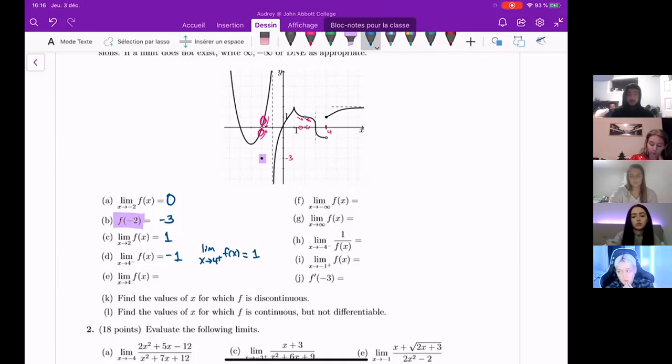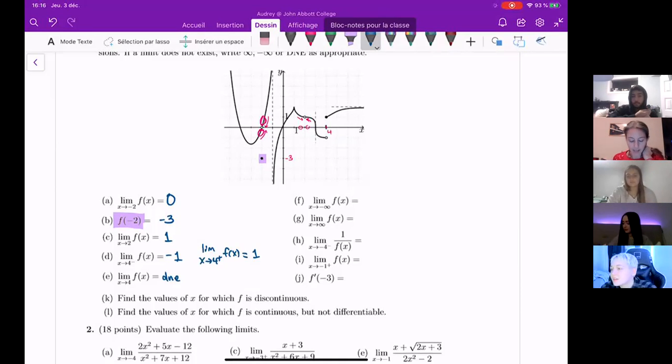You got it. Good job. Does not exist. And then as Sandra said, this is actually a jump discontinuity because we have our graph going to different places on both sides.